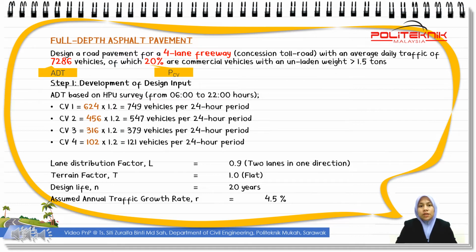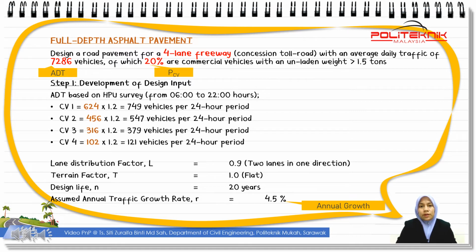Average annual traffic growth factor, R, for CV. B. Terrain condition, whether it is flat, rolling, or mountainous.